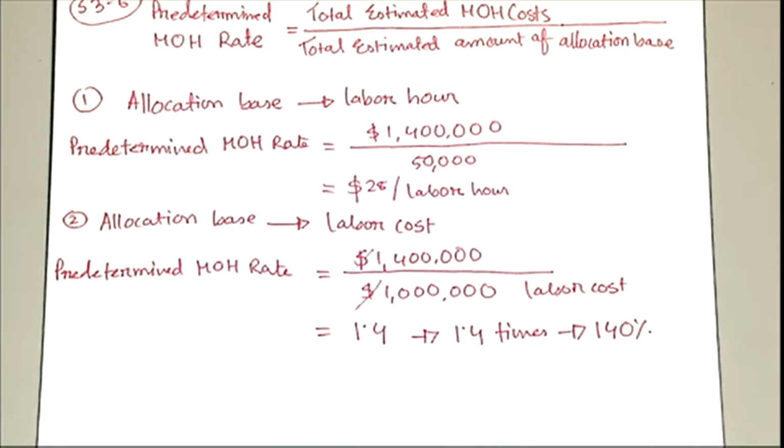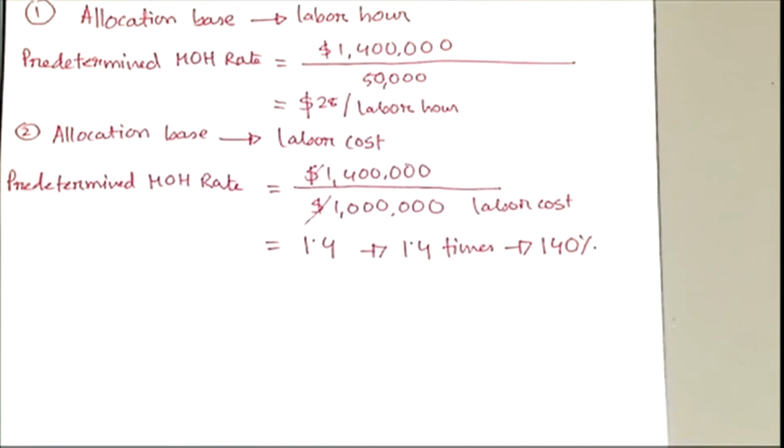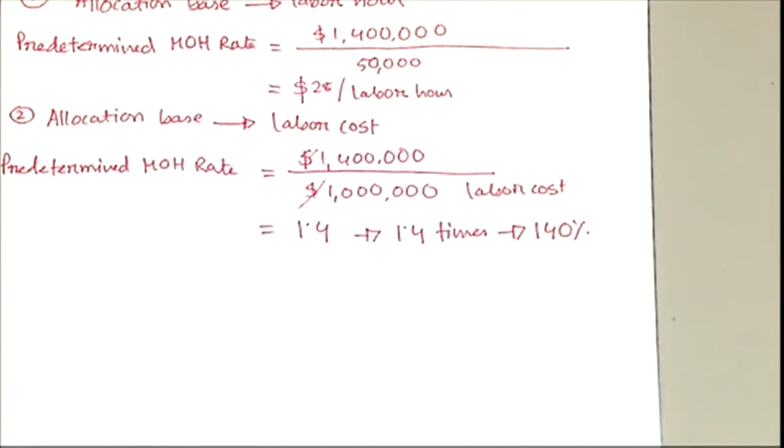That means if your labor cost is $1, your overhead will be $1.40. It's 1.4 times or 140%. Since we have the dollar sign both in numerator and denominator, it crossed out. There is no dollar sign here. But this is in terms of percentage or times. So now you know another predetermined manufacturing overhead rate.